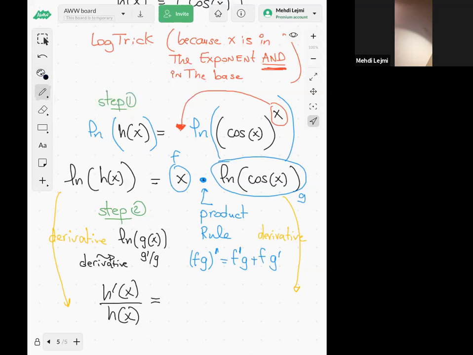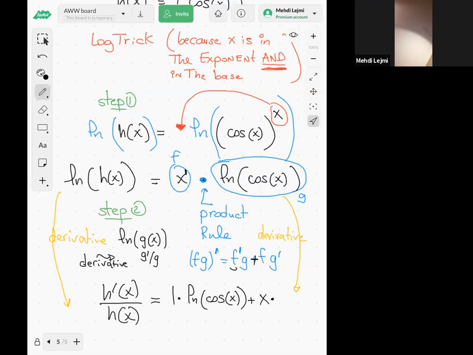All right, so we need first f prime. F is x, so f prime, the derivative of x, is just 1. Power rule, this is like x to the power 1. So 1 times g, the natural log of cosine of x, plus, you see there's a plus here, and then f, that's x, times g prime.